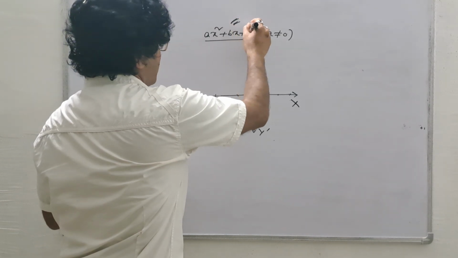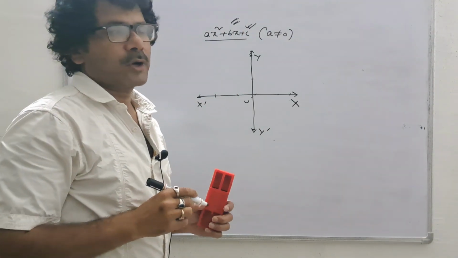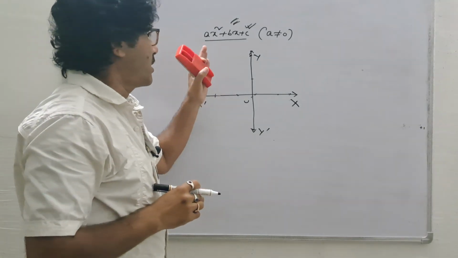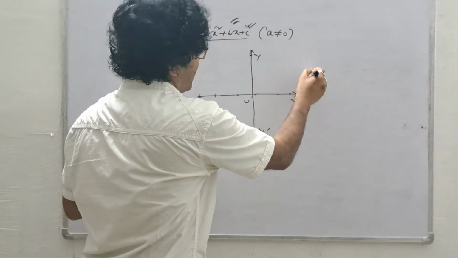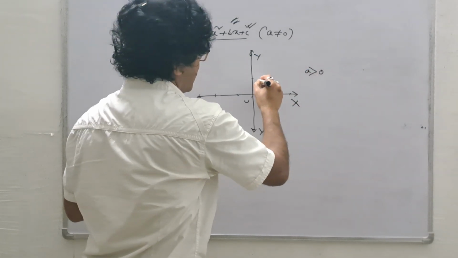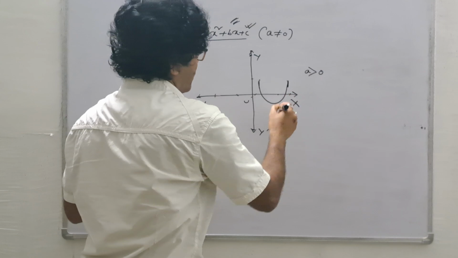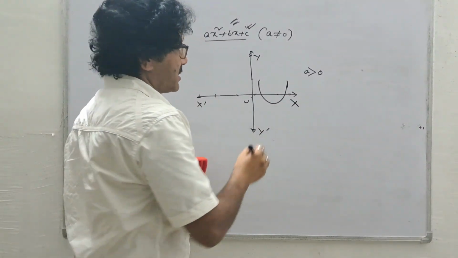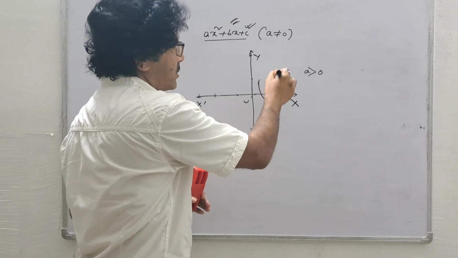So if a greater than 0, then the graph of the parabola will be like this. This is a parabola concave upward.